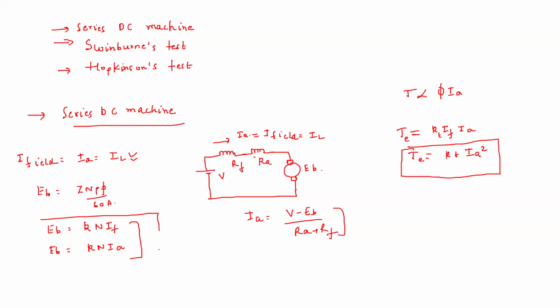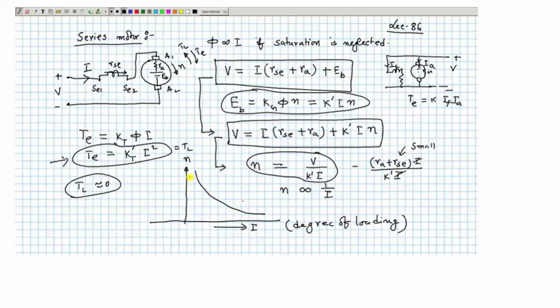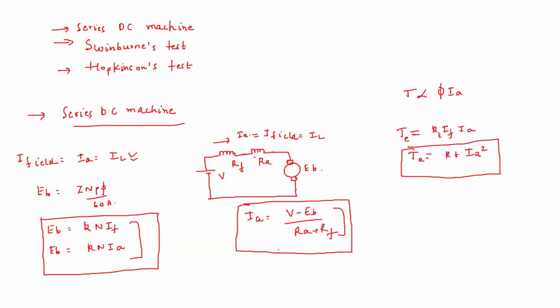So this is the situation of EB and this is IA. Here also the same things are discussed, that the torque is proportional to I square or IA square. Then, this is the expression we have also obtained.